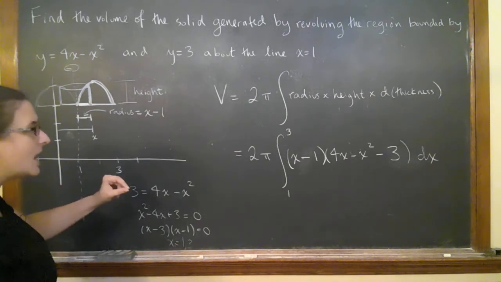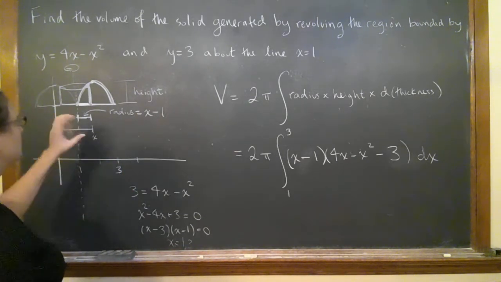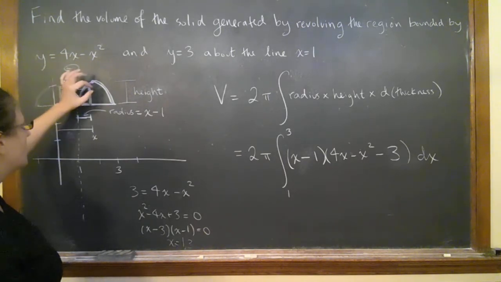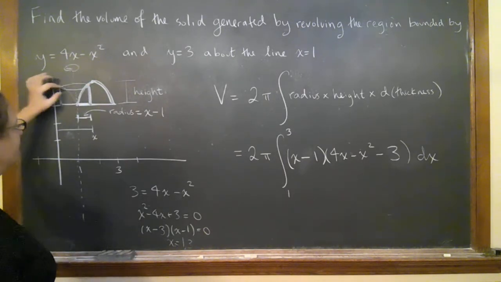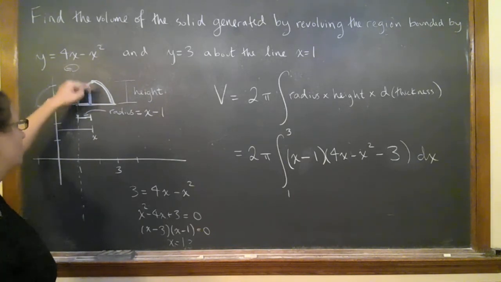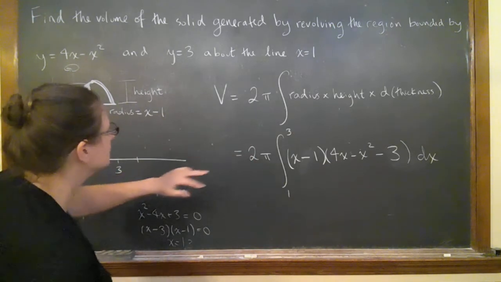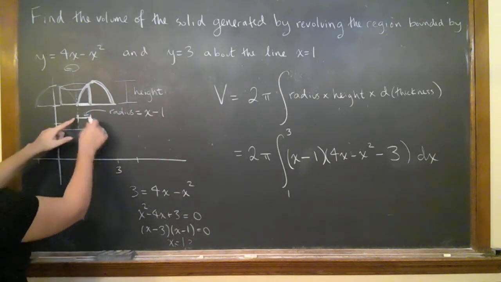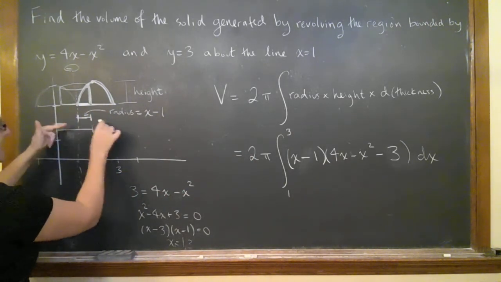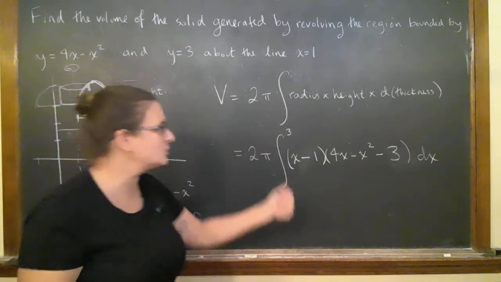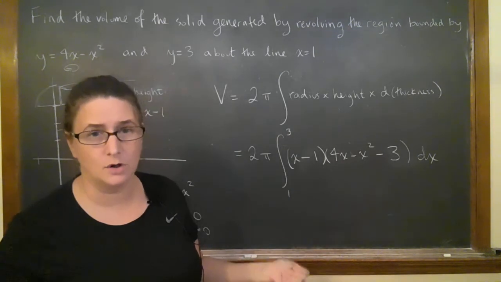Let me say again, you could do this with washers. Your variable of integration would be y, so then you would be going y from 3 to 4, but because we're doing the shells, our variable of integration is the same direction as the radius, which in this case is x. So this is actually the setup of the integral that we need.